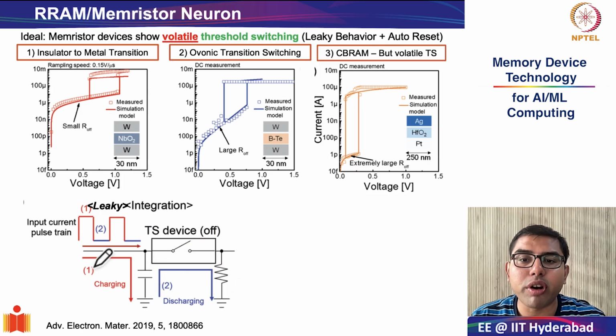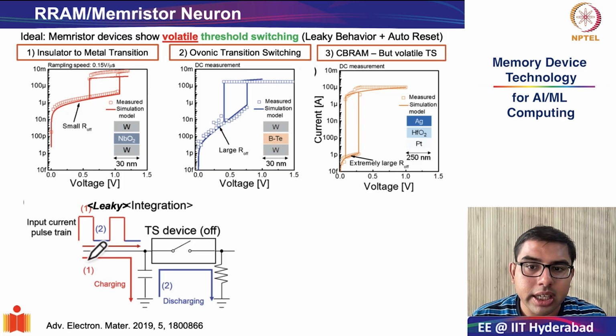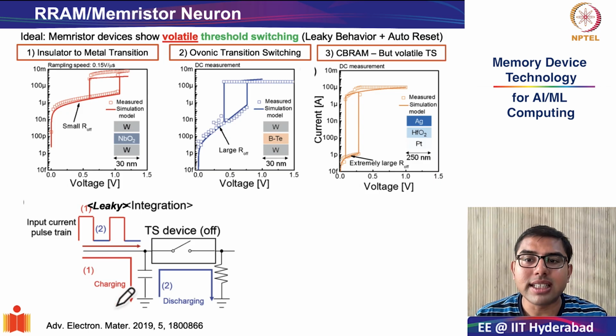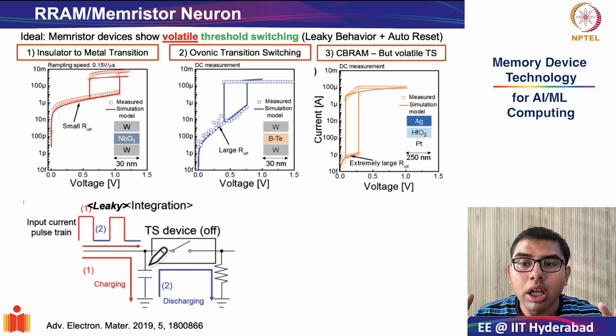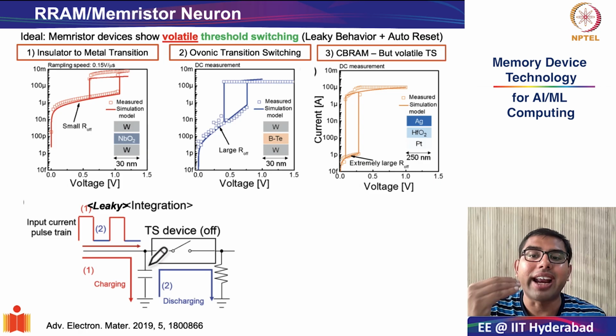During the integration phase, when the input current arrives, the membrane capacitor slowly charges. Since discharge through the threshold switching device is very weak in the off state, the charge keeps accumulating and the voltage across the threshold switching device, VT, rises gradually.